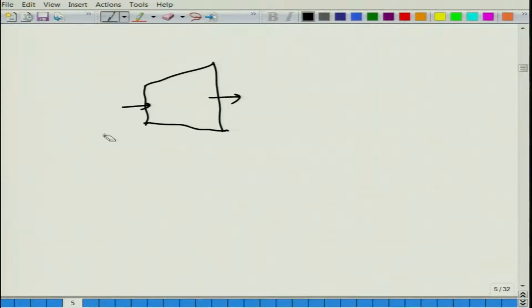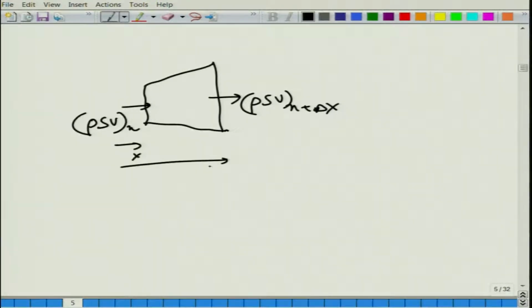What we do basically is, let us say the mass flux that is entering is rho S u at x and rho S u at x plus delta x. This is x, this is x plus delta x.